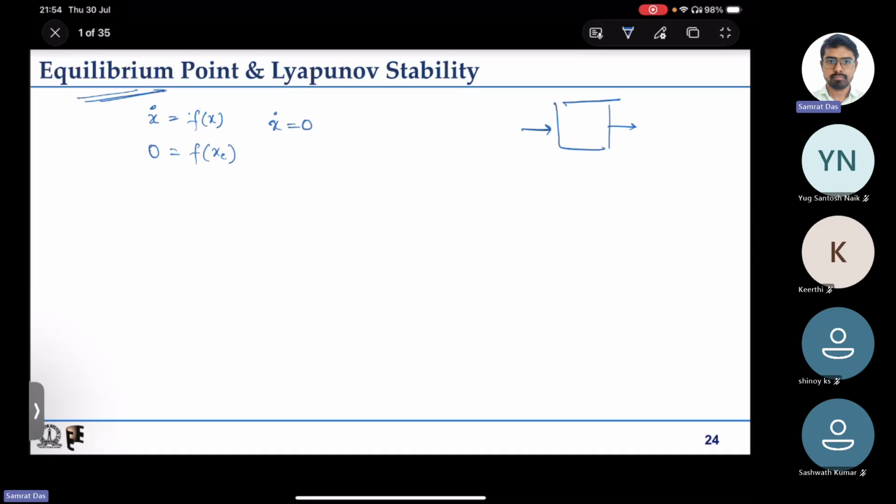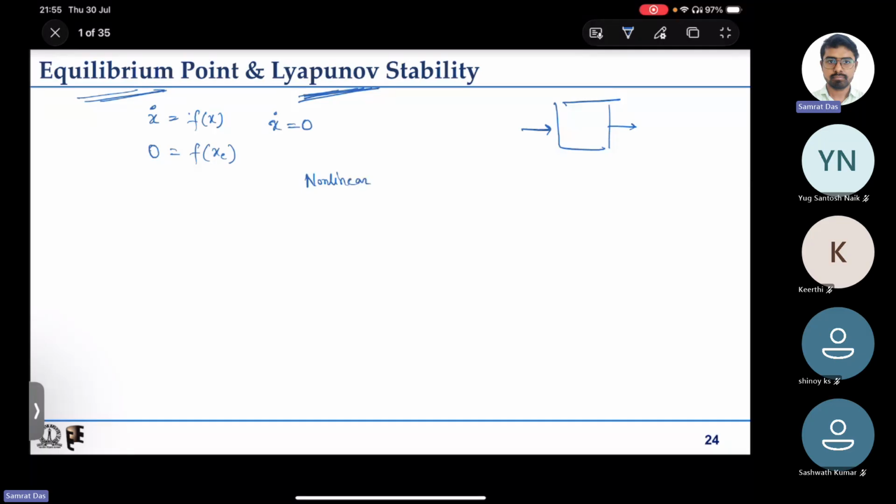Now the first and simplest definition of stability was given by Lyapunov. So what is that? It is mostly a mathematical definition and applicable for all dynamic systems, but specifically it is used for nonlinear systems.